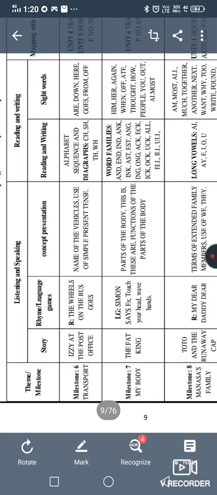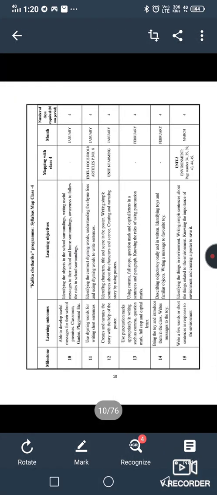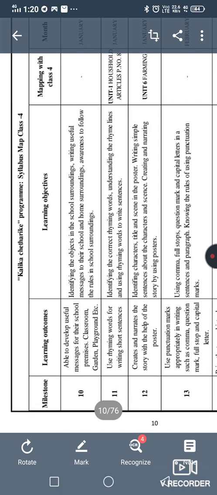So listening, speaking, reading, writing are there from milestone 1 to 9. But when we go to milestones 10 to 15, you see the heading changes. After the milestone, directly learning outcomes. These milestones are taken from Nipun Bharat or Foundation Literacy Numeracy. I will explain that next.